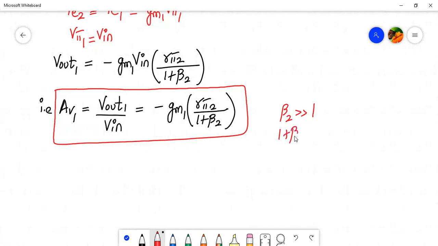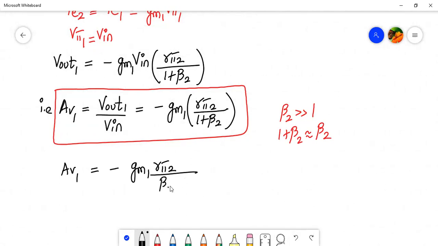So 1 plus beta is approximately equal to beta 2 itself. So let me rewrite this. AV1 is minus of GM1 into R pi 2 divided by beta 2. Okay, so that is what it stands.